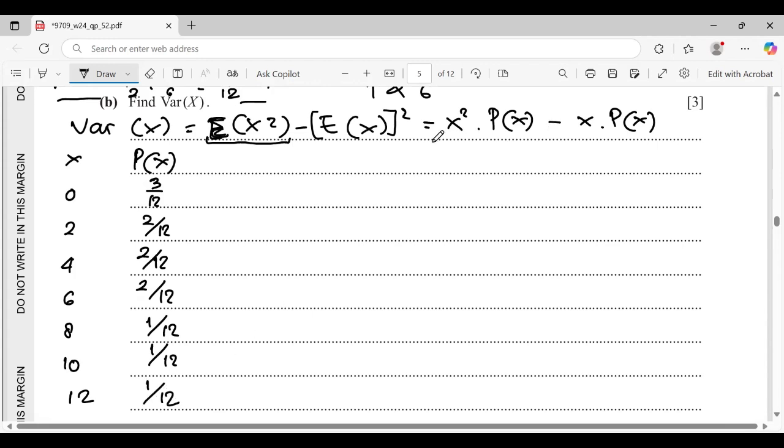Now for this one, x squared times px, x times px first.